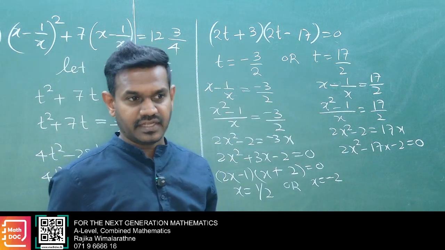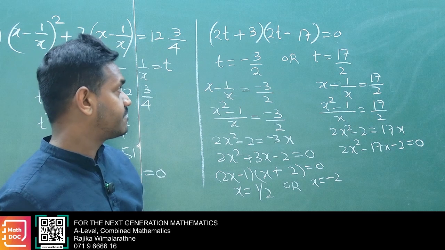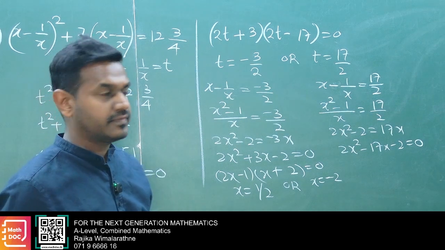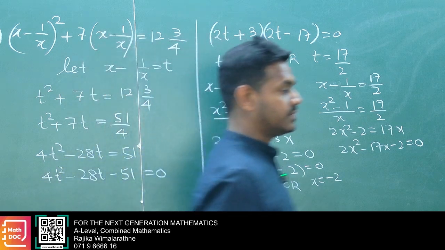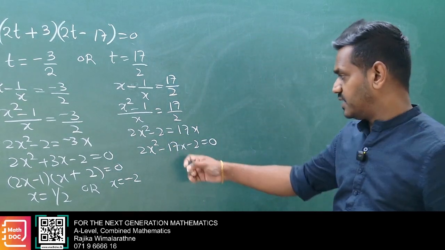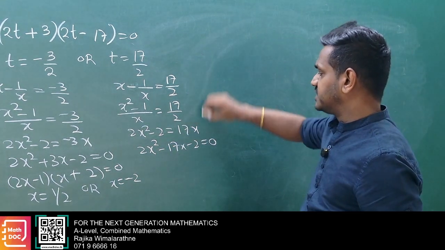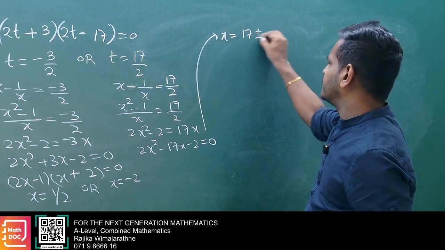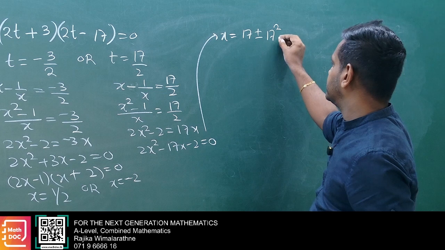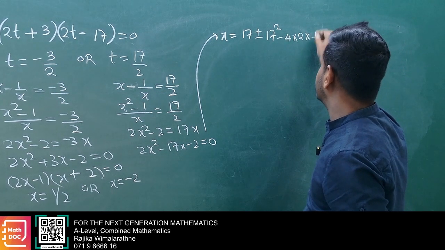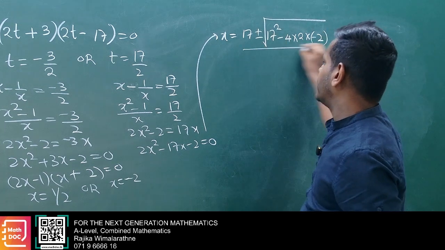Then we have to apply that formula. Then here 2x squared minus 17x minus 2, x equals minus b plus or minus root of b squared minus 4ac, divided by 2a.